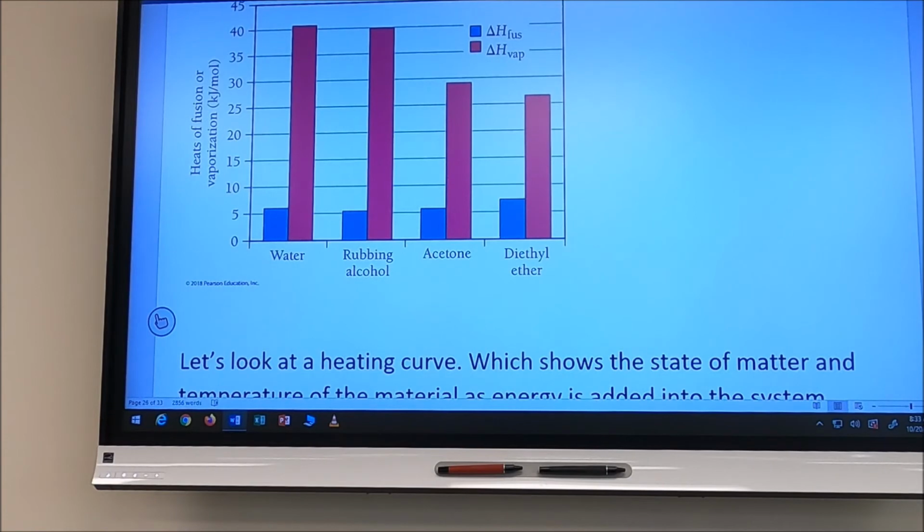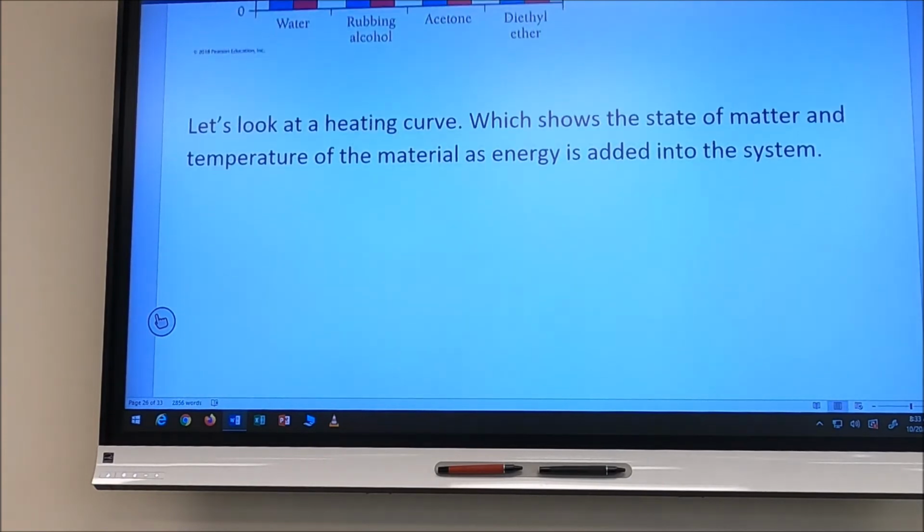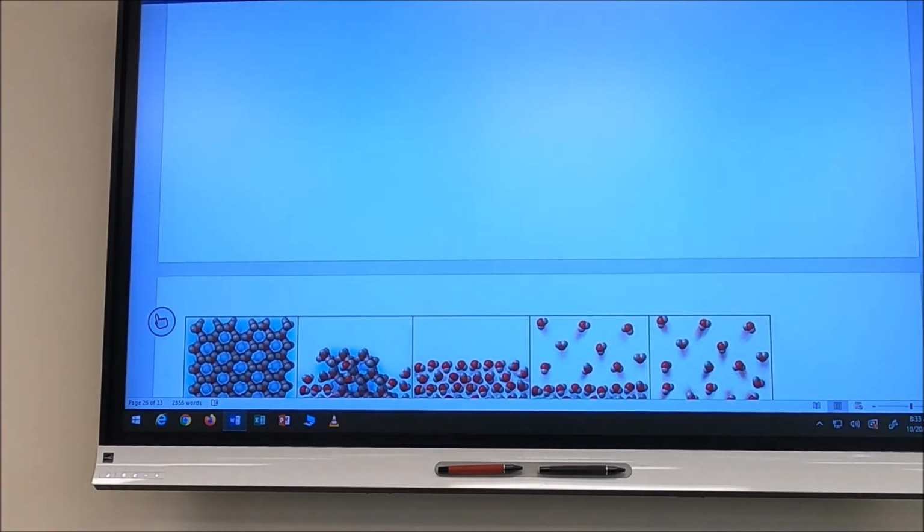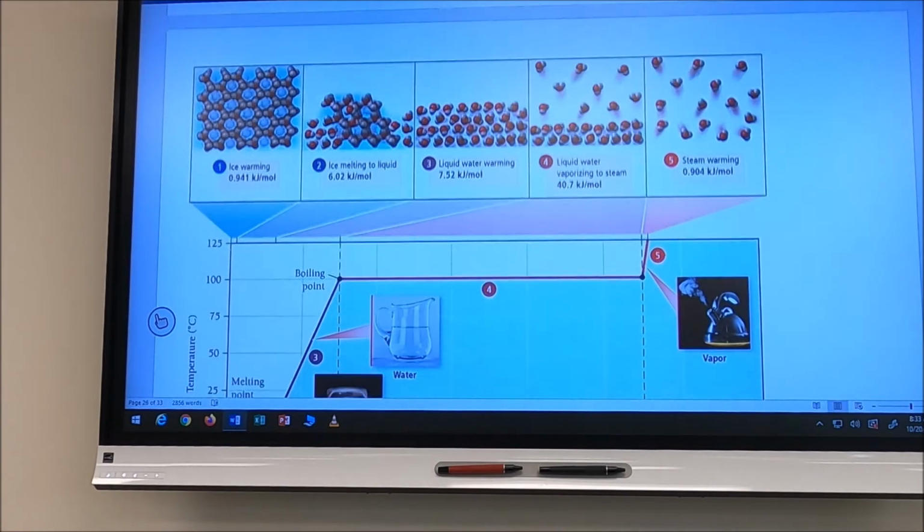Now, kind of putting things together, we're going to look at what's called a heating curve.